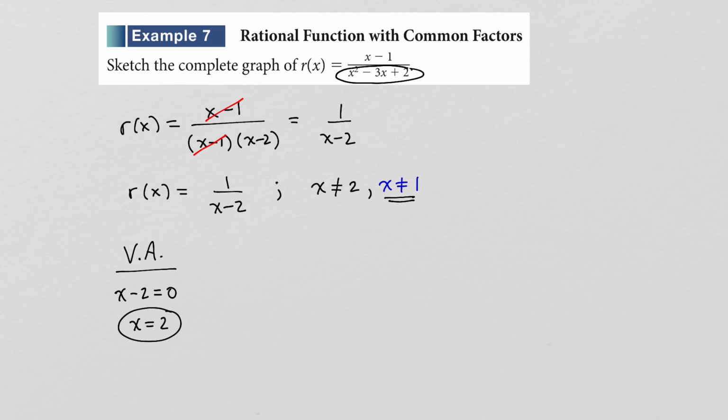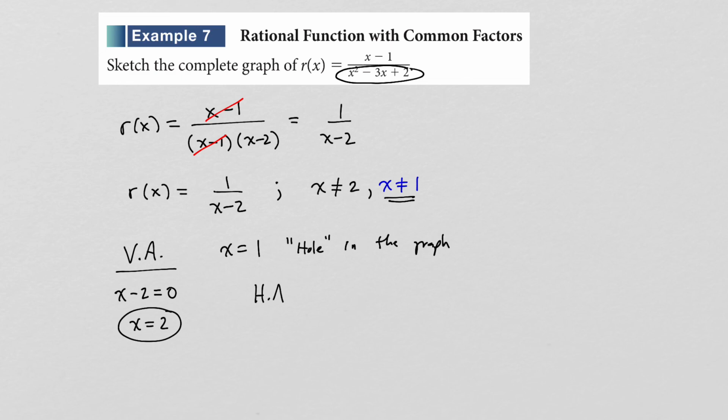X equals -1 is not a vertical asymptote. X equals +1 is not a vertical asymptote. X equals 1 is what we call a hole in the graph. All right, so we'll keep that in mind when we go ahead and sketch our graph.